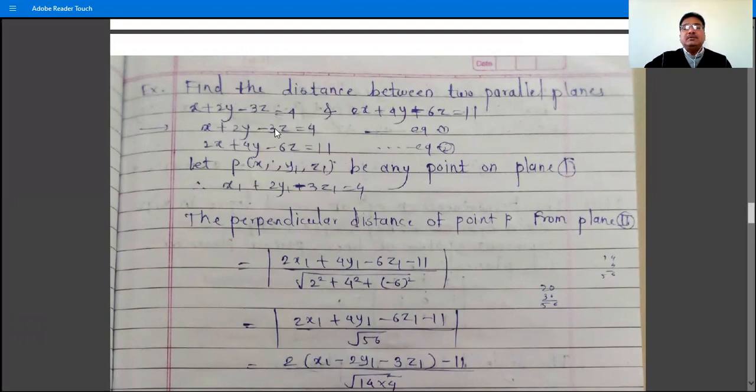Now we have to find the perpendicular distance of this point from the second plane. The perpendicular distance of the point P from the second plane is equal to what?